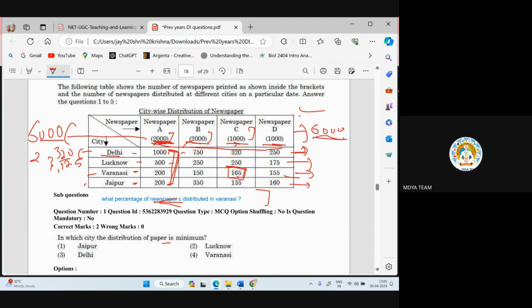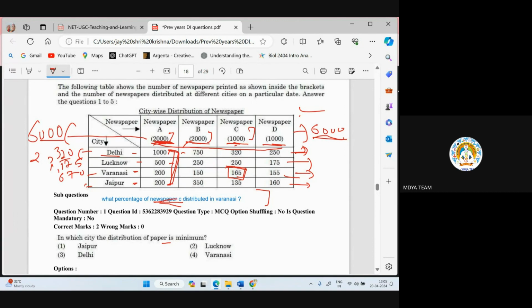Similarly, you will calculate in Varanasi and Jaipur. In Varanasi, how much newspaper got distributed? 200 plus 150 plus 165 plus 155, 670 newspaper got distributed in Varanasi. Jaipur, 200 plus 350 plus 135 plus 160.